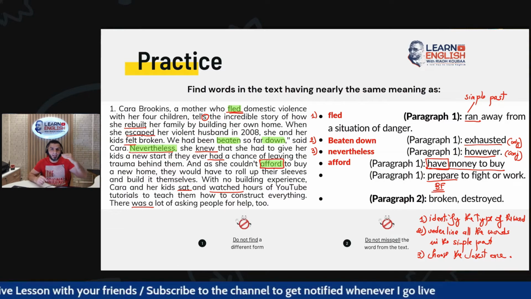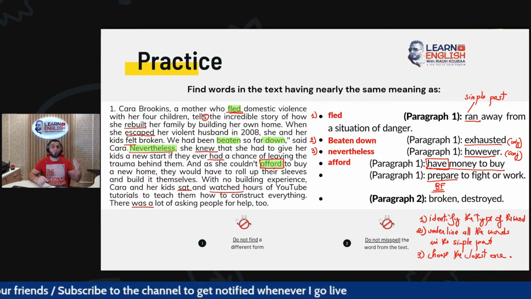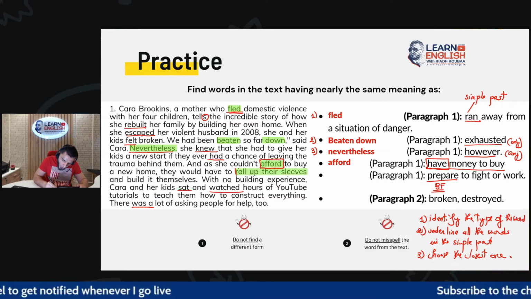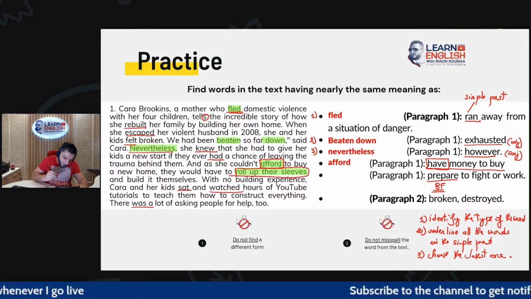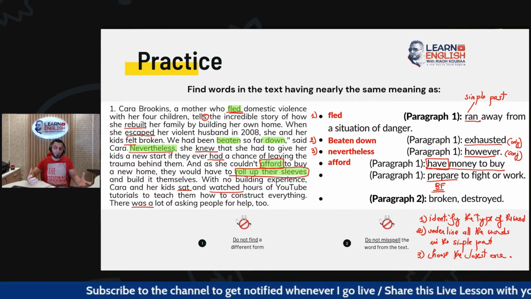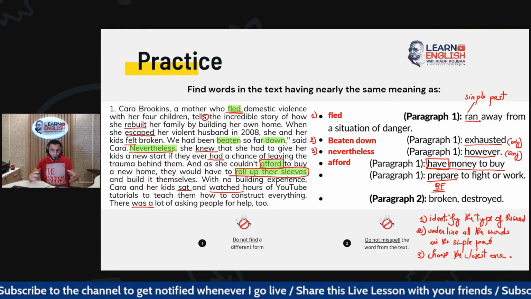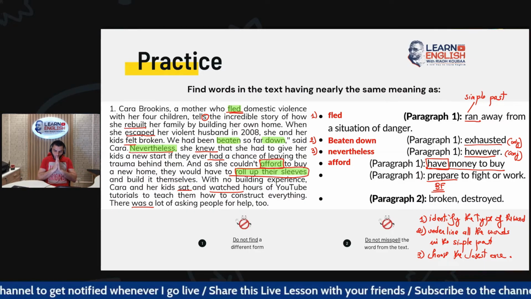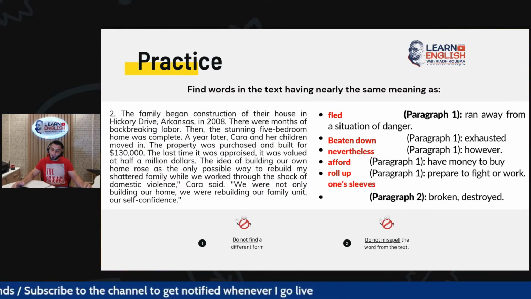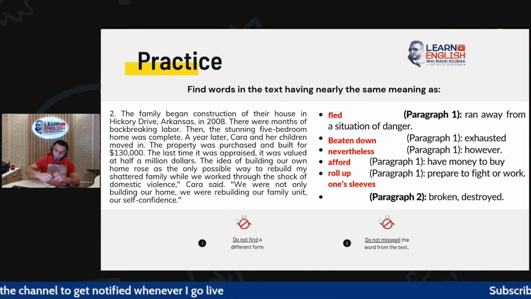So I have to find a verb from the paragraph with the same form, which is roll up their sleeves. So here they would have to prepare, to fight and work and build it themselves. So this is what the word is.